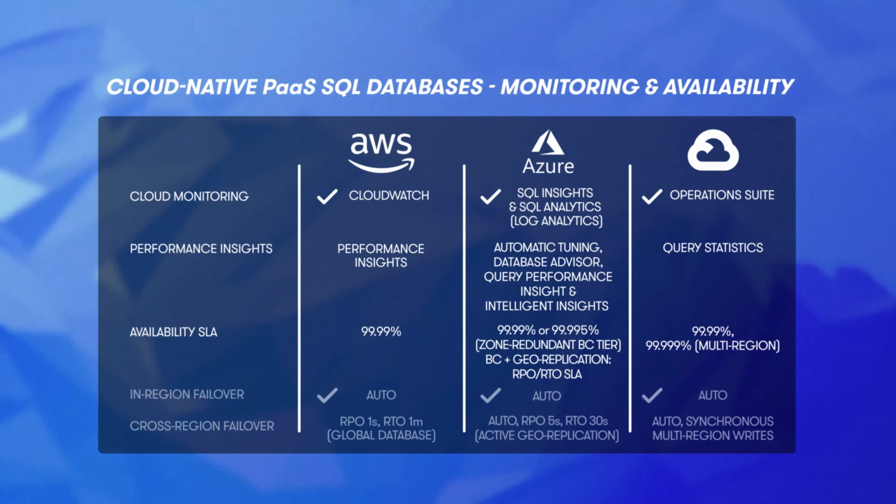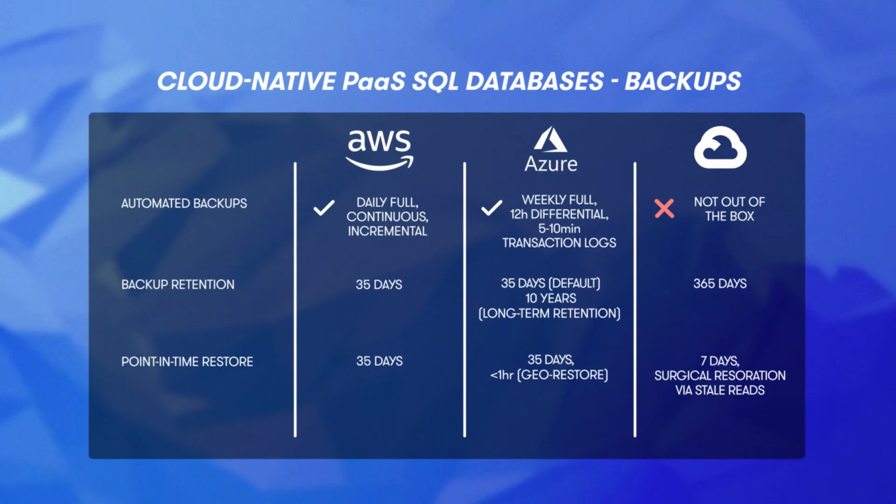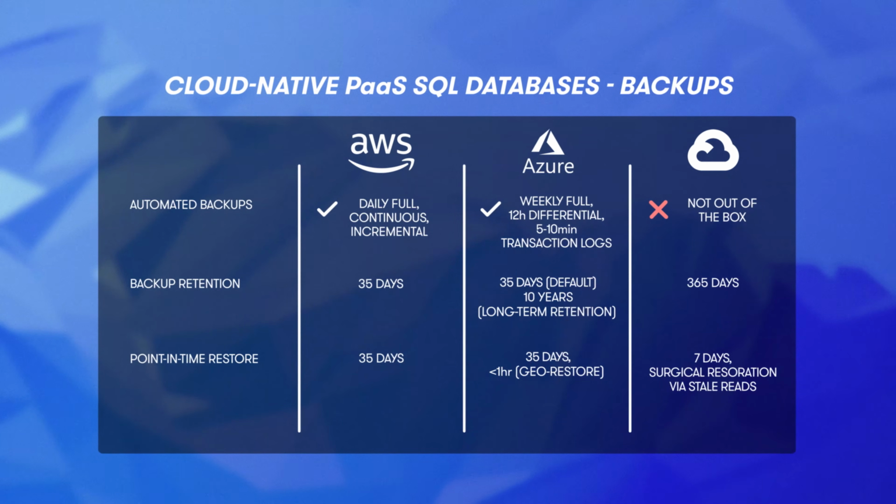All providers have automatic in-region failover and fast cross-region failover, which is automatic in Azure and GCP. From a backups perspective, all three providers have point-in-time restore, with AWS and Azure having a longer restore window and automated backups, and Azure having a long-term retention option.